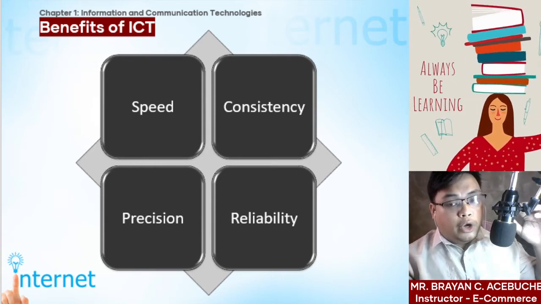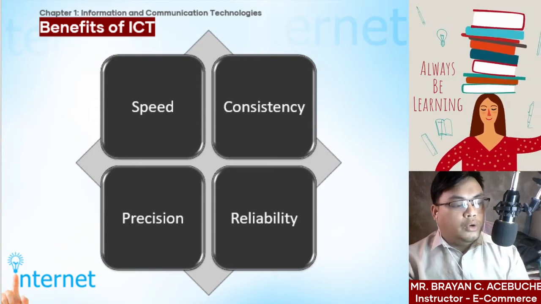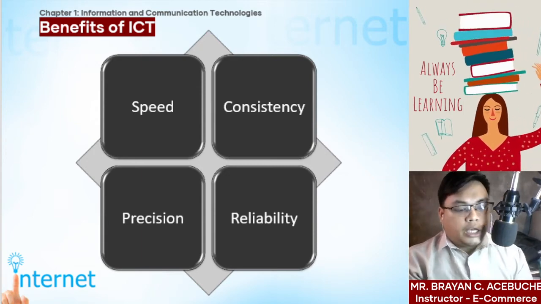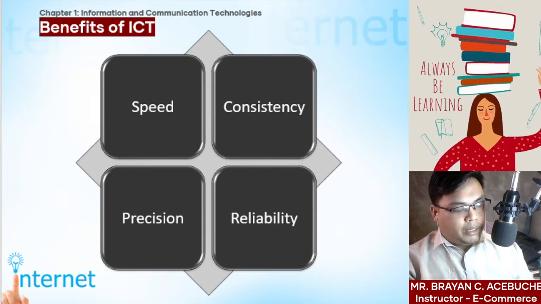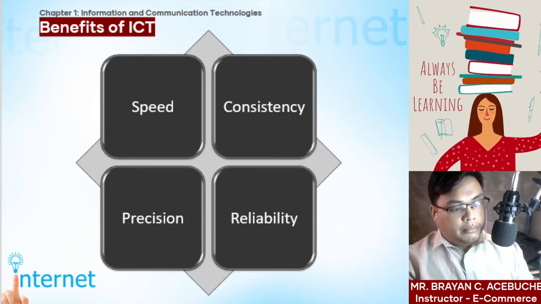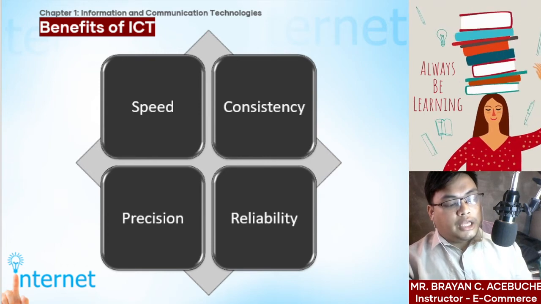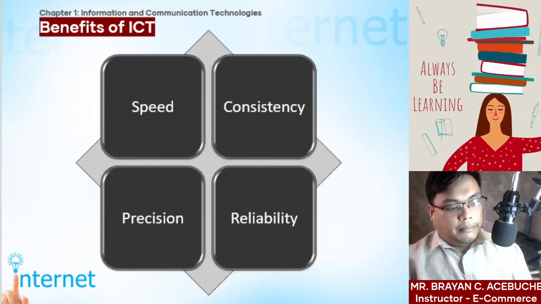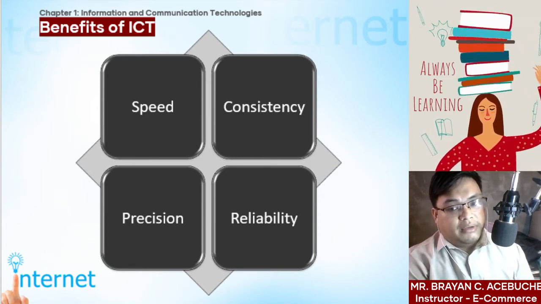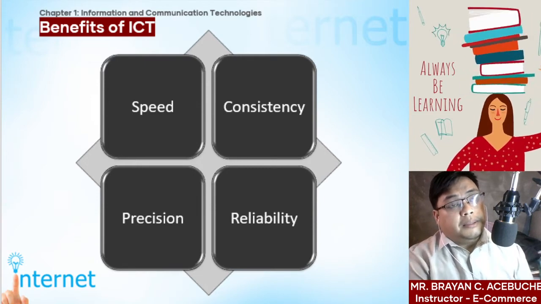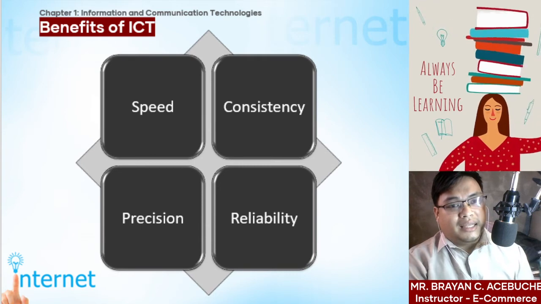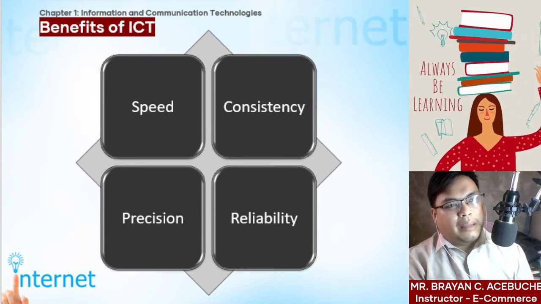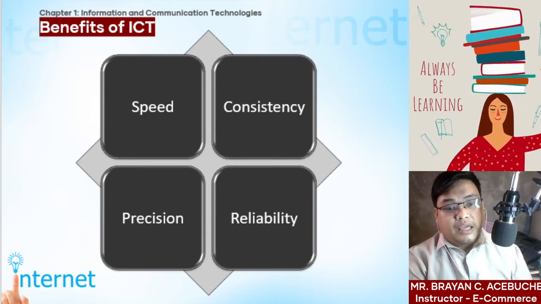Now, we also have precision. So, ano naman yung precision? Okay, so precision is another aspect unmatched by human, particularly in doing multiple simultaneous tasks or a number of products or services at a given time. Minsan kasi sa trabaho, di ba, hindi lang naman dalawa, tatlo ang pinoproseso natin at minsan marami pa. Tapos napakaraming deadline sa same day lang.